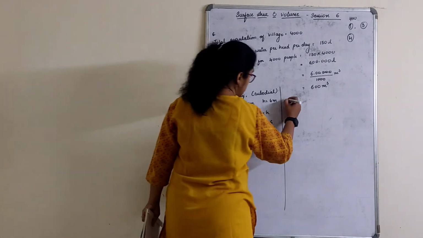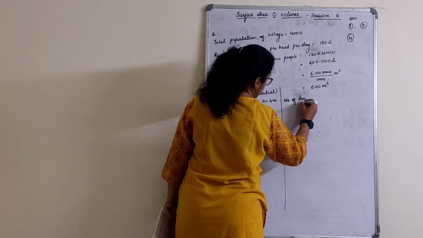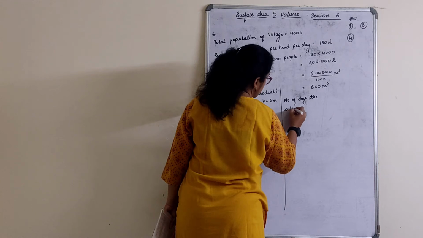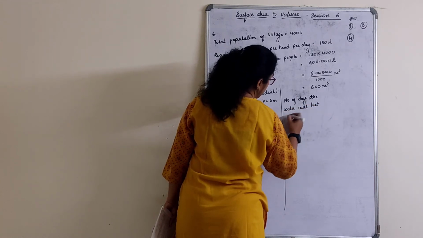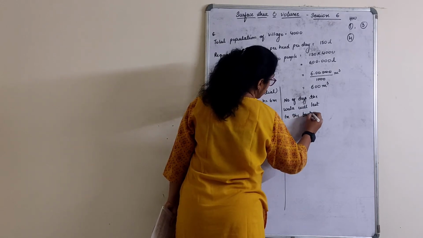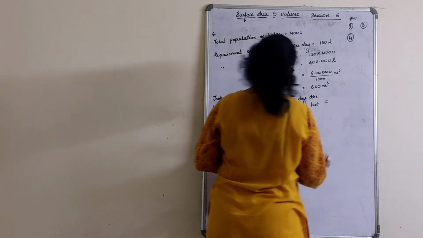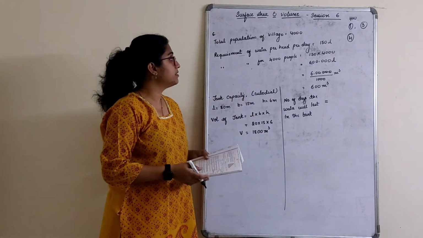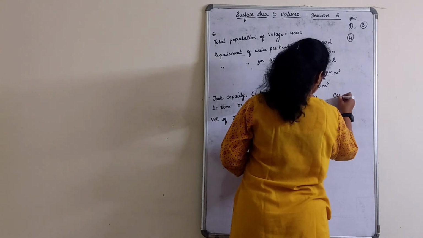Now, last part. Number of days the water will last in the tank is equal to what? Capacity of the tank divided by requirement of the water by 4000 people. Correct, right?